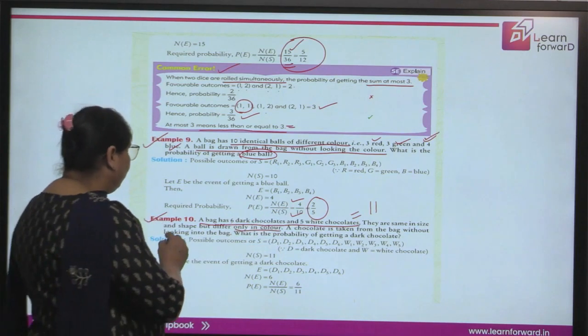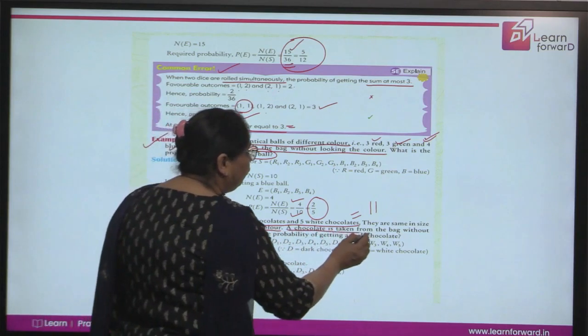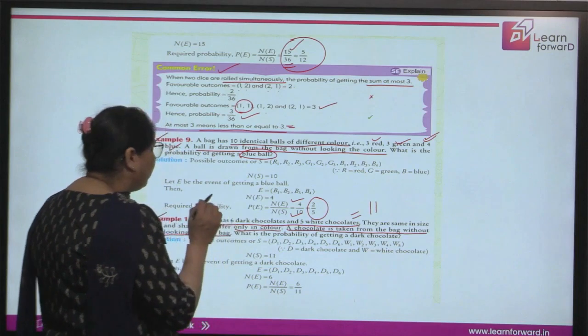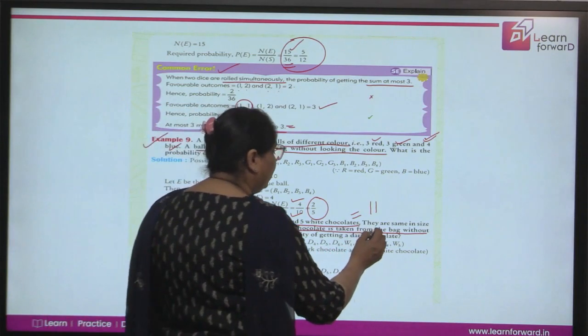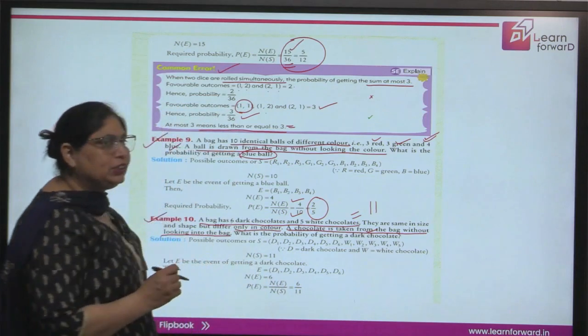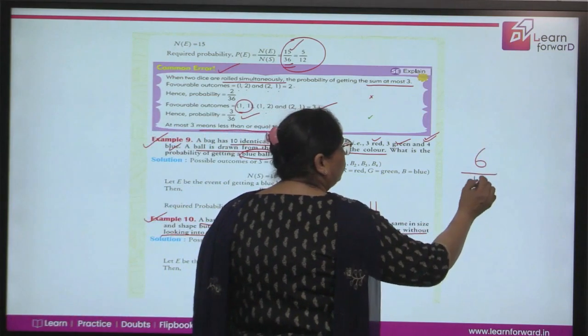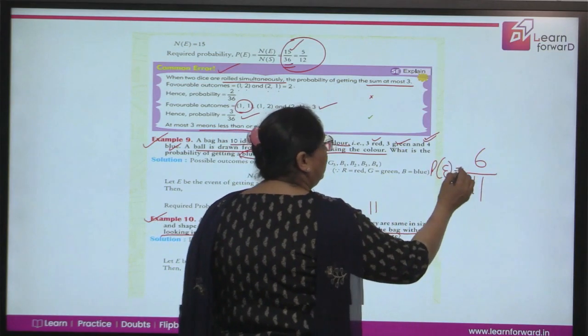We have to take a chocolate from the bag without looking into the bag. What is the probability of getting a dark chocolate? The number of dark chocolates is 6 and the total number of chocolates is 11. So the probability of the event will be 6 upon 11.